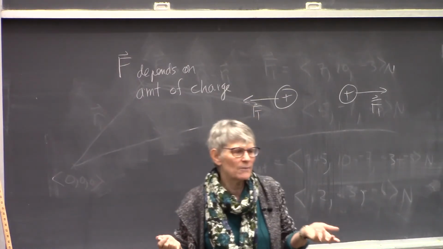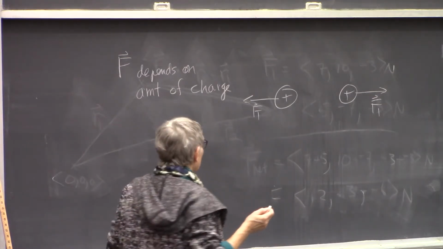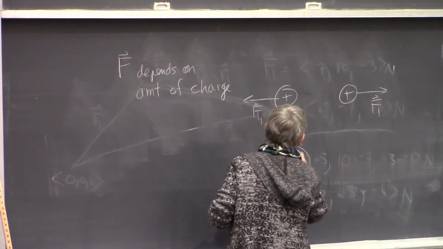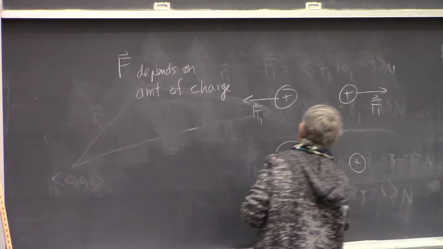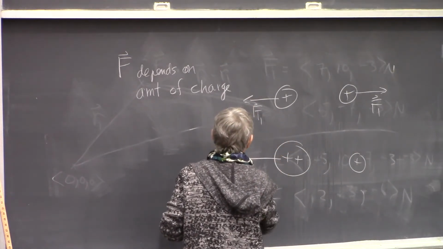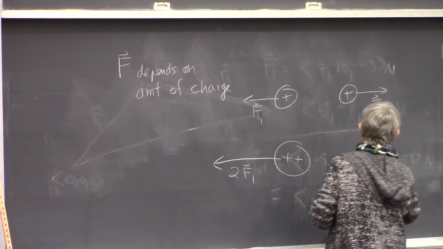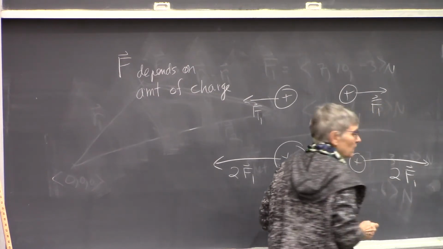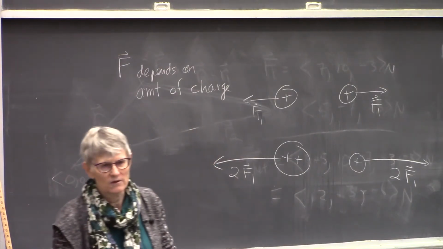They exert equal and opposite forces on each other, and those forces have, we'll call it F1. If we double the amount of charge here, then we actually end up doubling the forces they exert on each other. So the magnitude of the force is directly proportional to the charge.